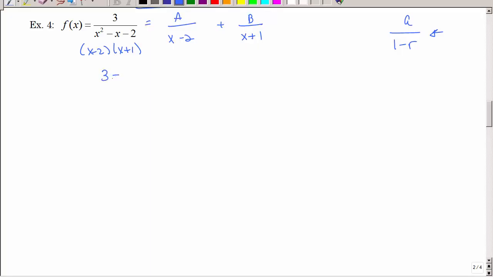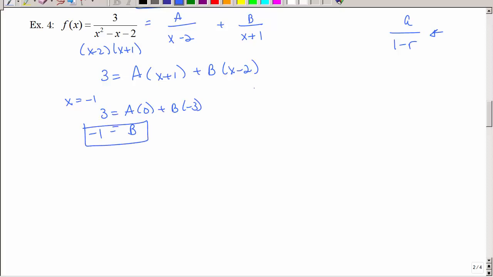So we would have 3 equals a times x plus 1 and b times x minus 2. So letting x equal to negative 1, I get b to be negative 1. And if x is positive 2, I get a to be positive 1.